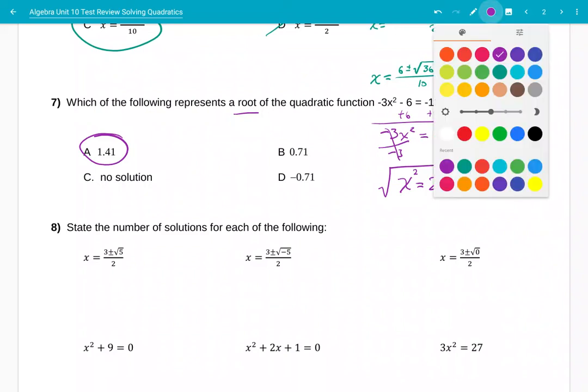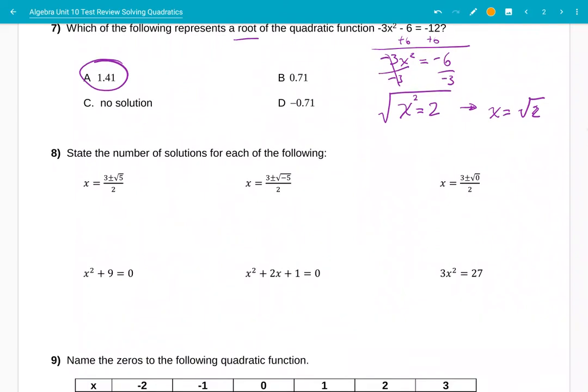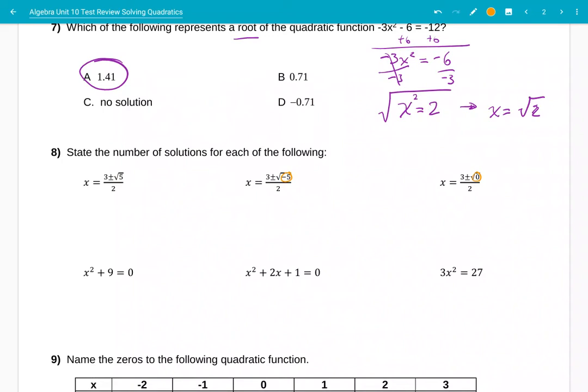All right, let's look at the next ones here. State the number of solutions for each of the following. Remember, we use the discriminant, which is the piece under the radical there, and there, to see how many roots there are, how many solutions. And if it's a positive discriminant, that means we have 2 real solutions.